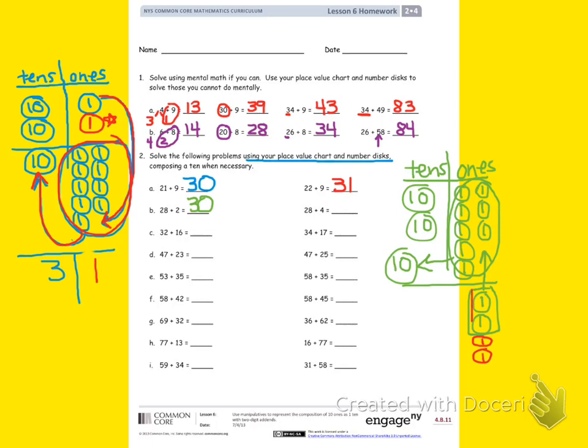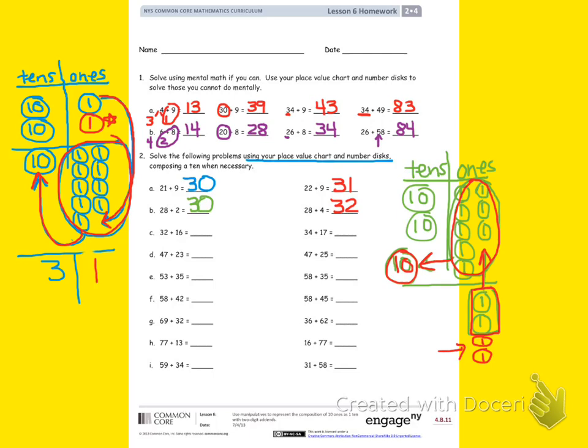Again, these 2 right here still fit here, making a group of 10, which goes over to the tens column. But right here, there are 2 ones that are left over. So that is 32 instead of 30.